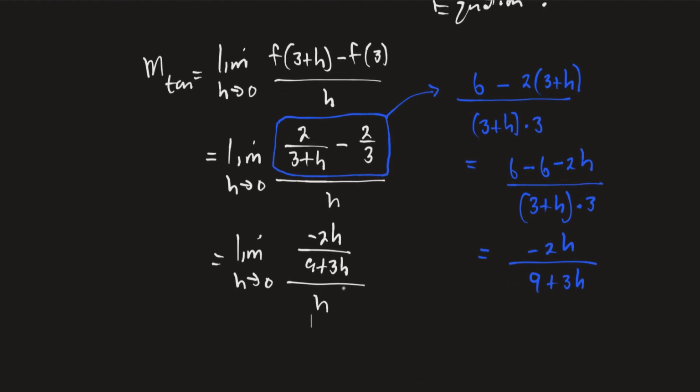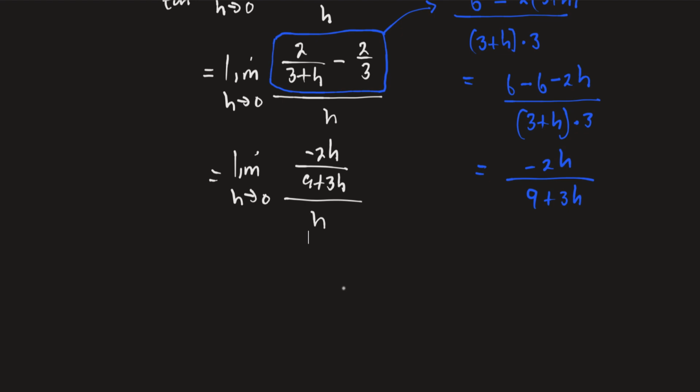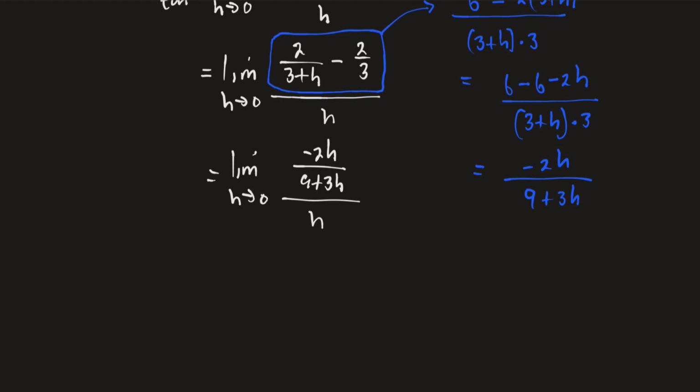So let's do a little bit more algebra off to the side again. So maybe I'll use a different color here. So for this one, this is how you can interpret it. You literally have a fraction. So this is negative 2h over 9 plus 3h, and I'm literally going to write it as division.